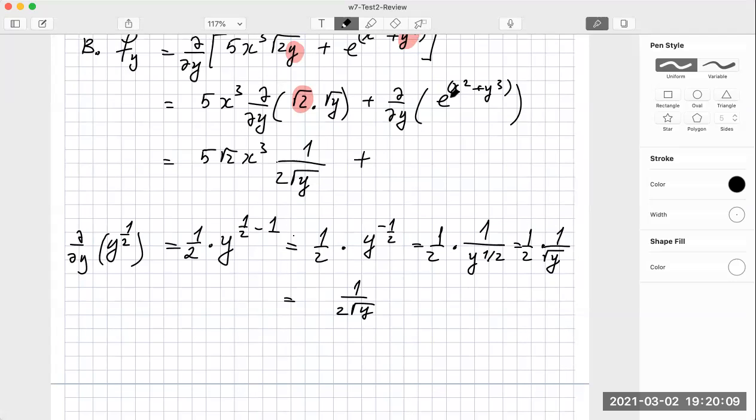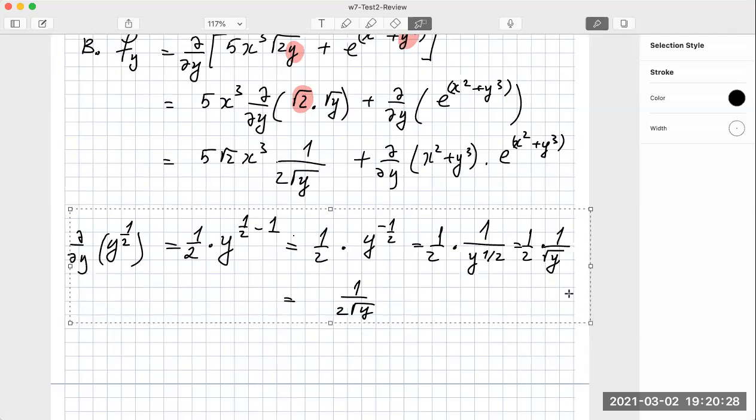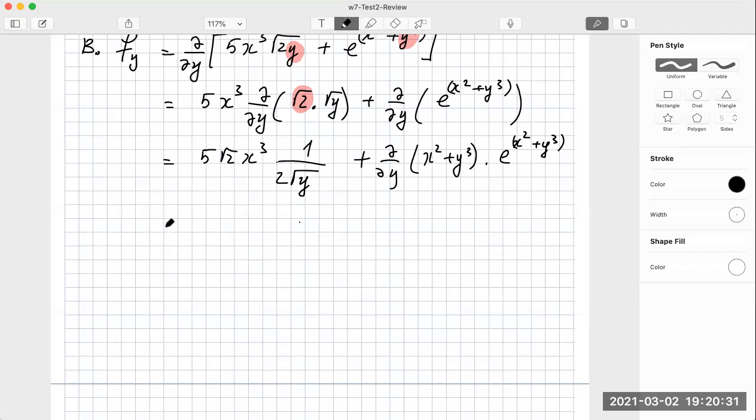Plus here, again, we apply the chain rule, which is d over dy of x squared plus y cubed times e to the x squared plus y cubed. Okay, so let us remove the side computation and simplify it. Square root of 2 gives 5 square root of 2 divided by 2 times x cubed divided by square root of y.